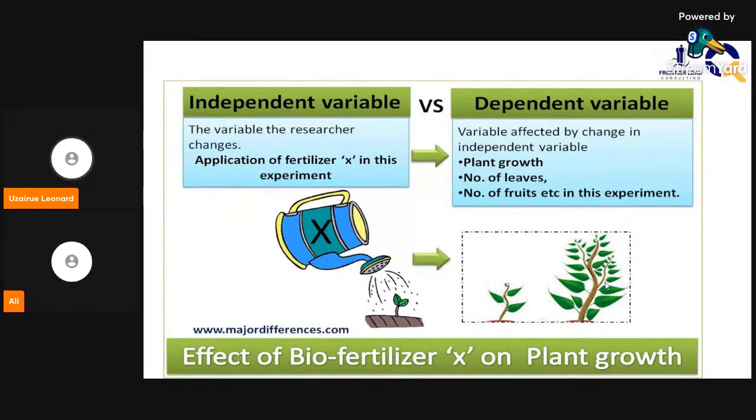Now, assuming as a researcher, you want to check the risk factors that predispose someone to malaria. You collected people's blood, then you did the malaria parasite test, plasmodium, and determined the plasmodium status of the various bloods you collected.